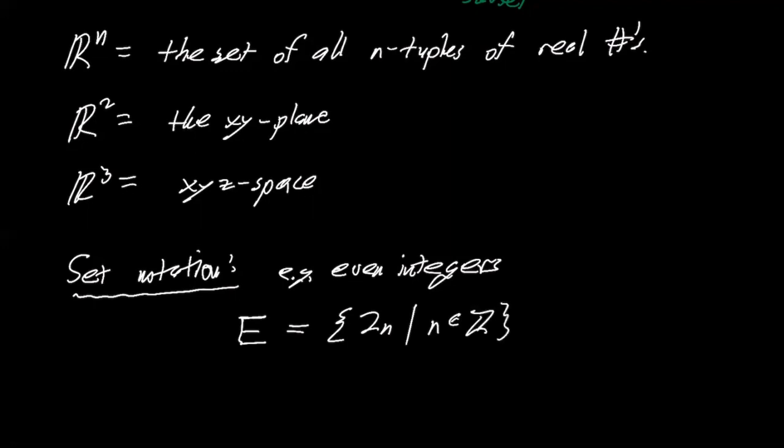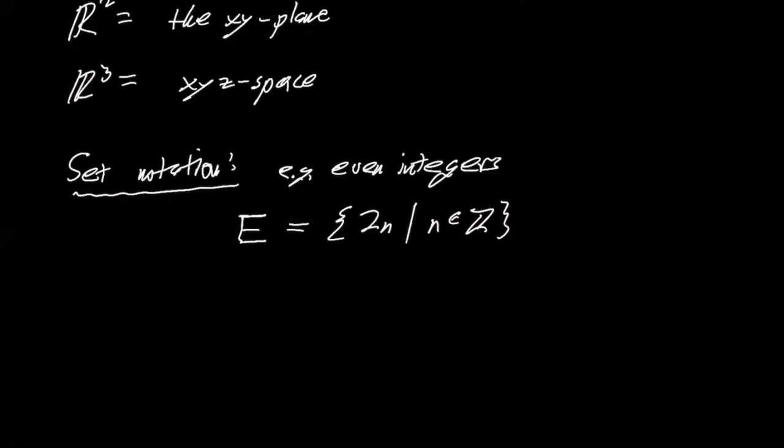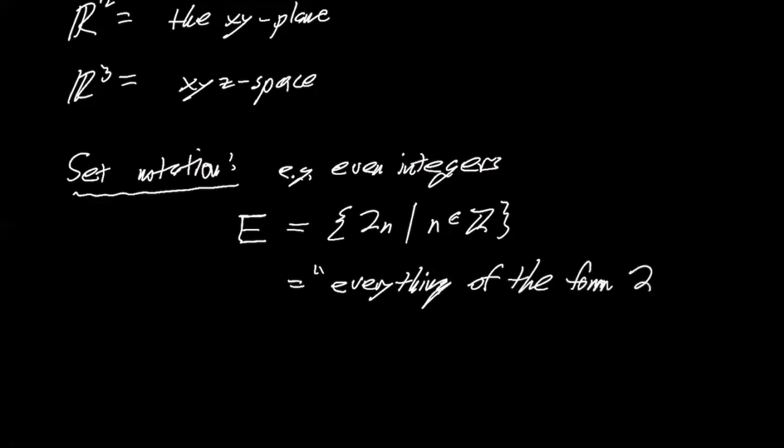And so let me just write this in words. These things are set brackets, right? And the way I would write this in words is this is everything of the form 2n, where that vertical bar is read as "where n is an integer."